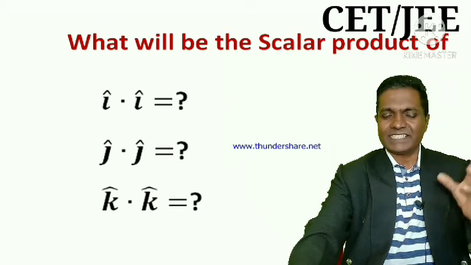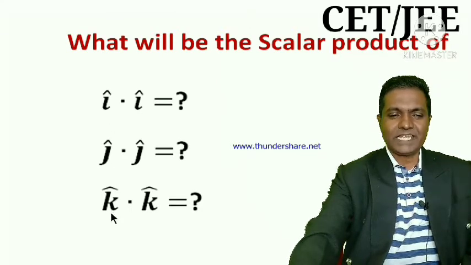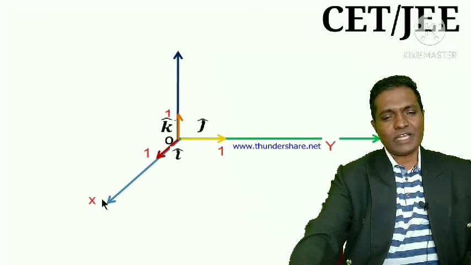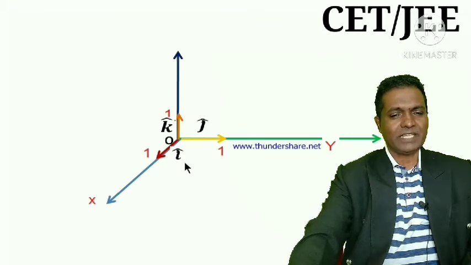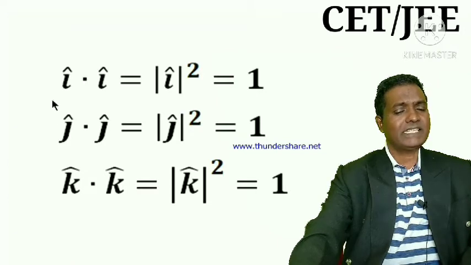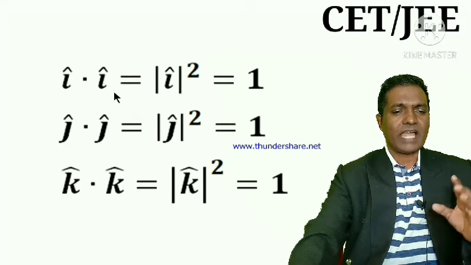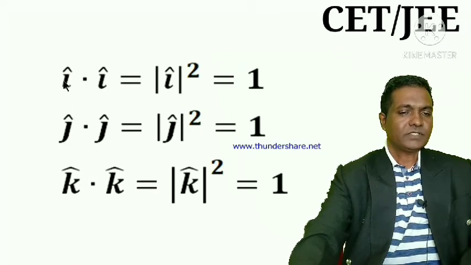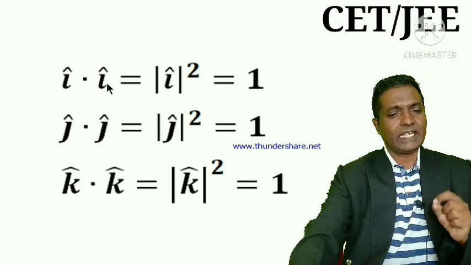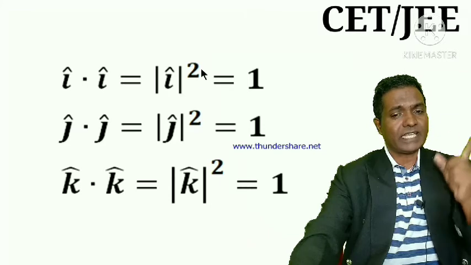As we all studied earlier, i cap, j cap, k cap are the unit vectors along x-axis, y-axis, and z-axis. Means their magnitude is 1. Now let's see here. i cap dot i cap will be what? So as we all discussed, vector A dot vector A is magnitude of vector A square.